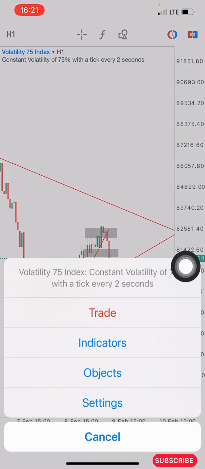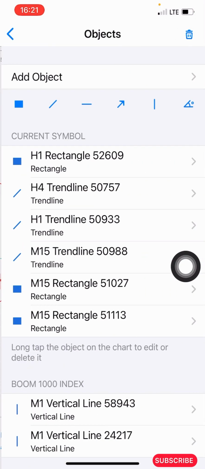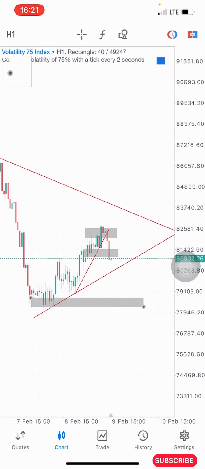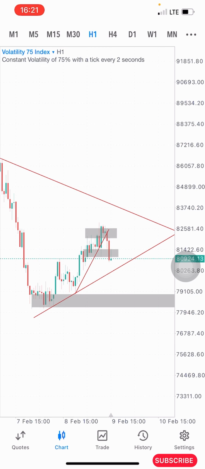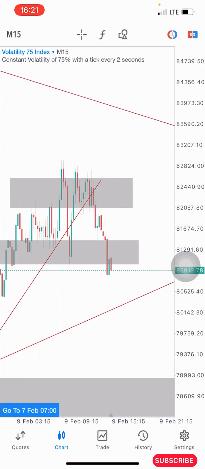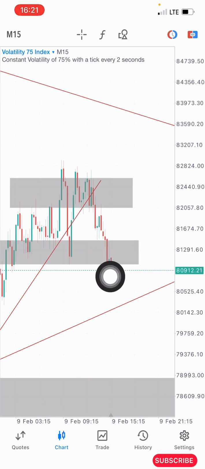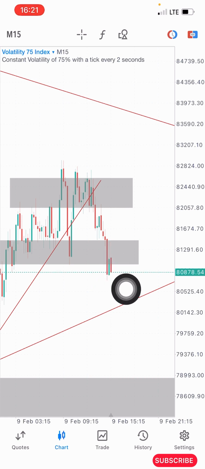All right, we'll look for another sell opportunity to this area here. All right, so for now we'll go back to our 15-minute time frame. By the time you are watching this video, you can decide to join in the sell to this area.